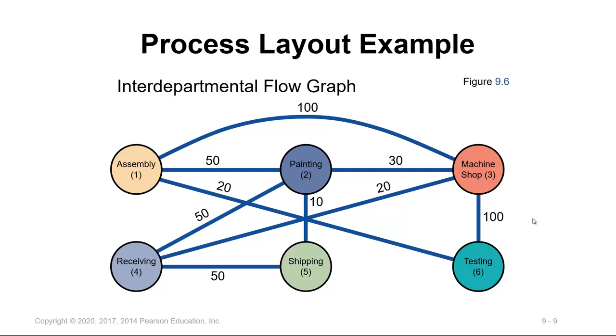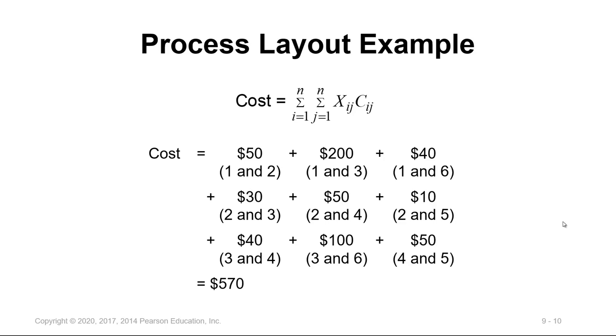Based on the design and the current number of loads moved between the different departments, we can calculate the cost as follows. Using the formula, the cost between 1 and 2: we are moving 50 loads, and since they are adjacent to each other, it will be a dollar per load. A dollar times 50 is $50 total cost between 1 and 2.